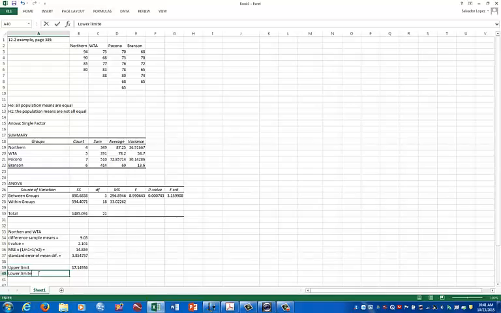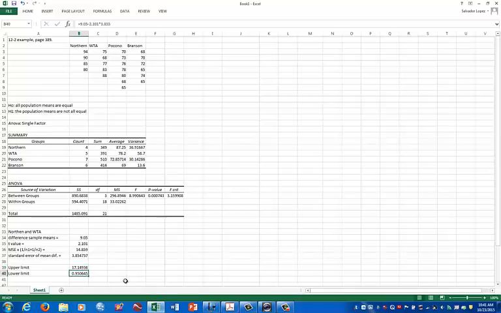And the lower limit, let me just copy this, and it'll be just subtracting that. So the lower limit will be 0.95, the upper limit 17.15.